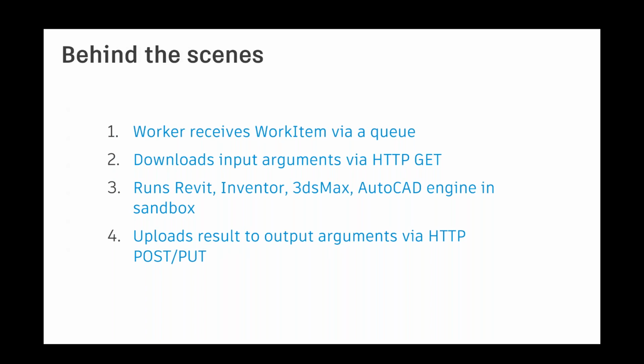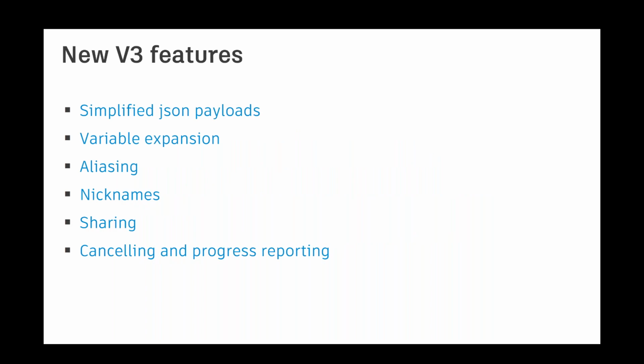So if we look at some of the new V3 features that are coming, we've simplified the JSON payloads quite a bit. So if you have experience with V2, I'll have some more details I can share later on this, but basically some of the benefits we have are being able to do not just clean up the JSON, but also be able to expand some variables so that it makes it easier to work with, whether it's command line options for AutoCAD or some of the parameters you want to pass into Inventor.